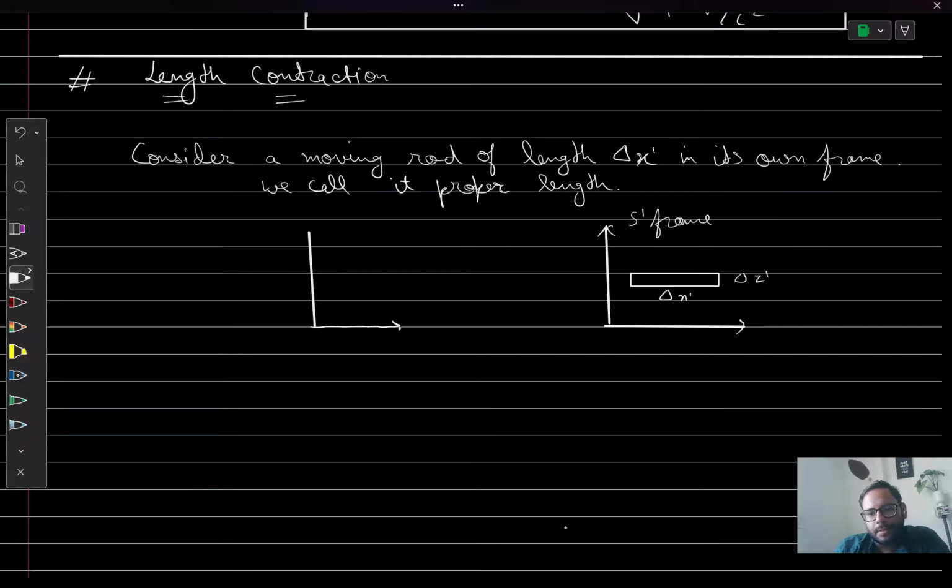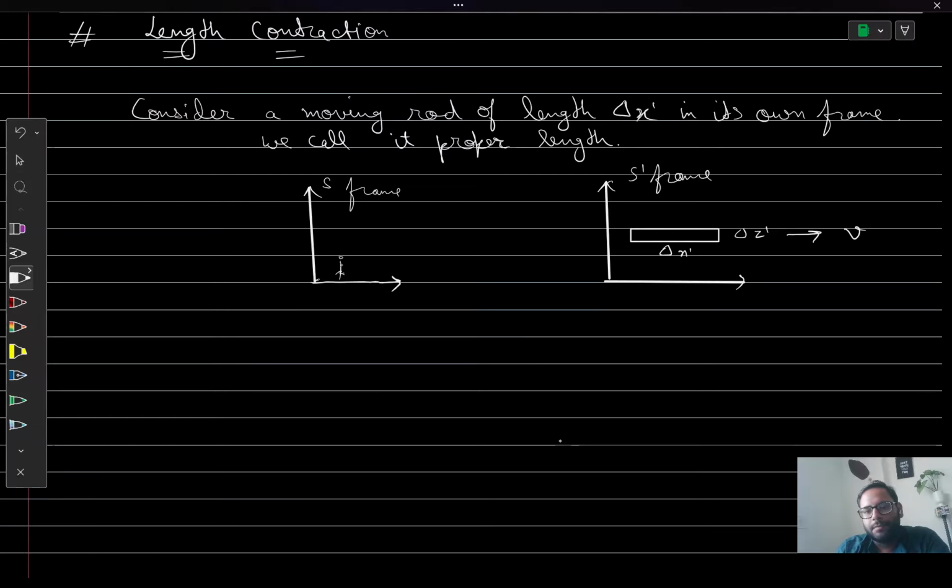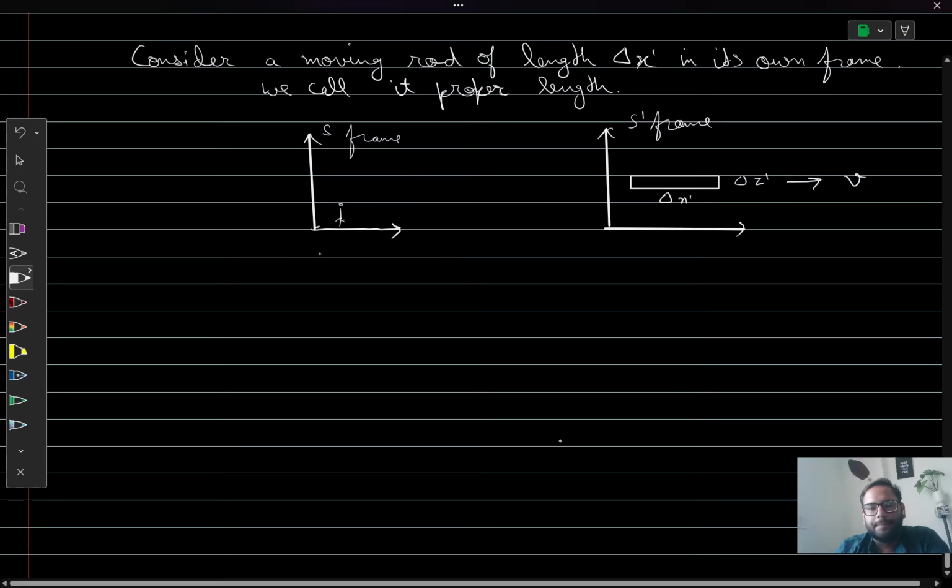This rod is moving with velocity v, and in this S prime frame this rod is at rest because this whole stuff is moving with the same velocity. This S prime frame is stationary with respect to us or any observer. For this observer, this whole thing is moving at speed v.